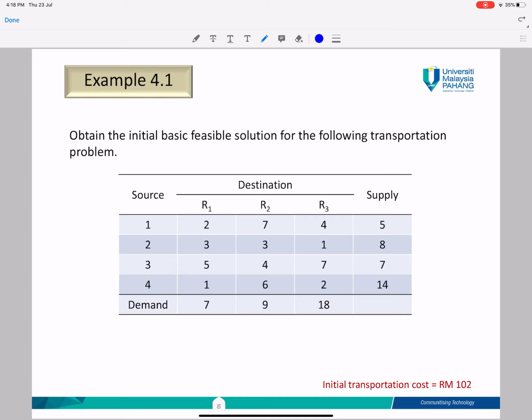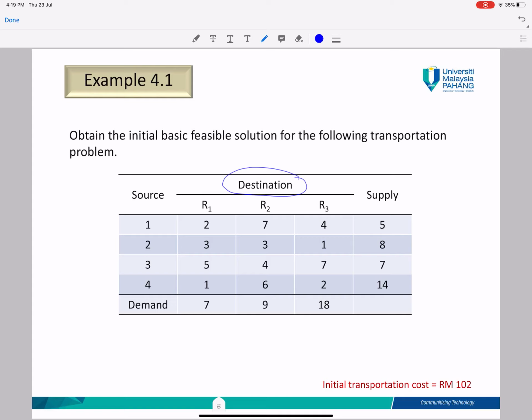And the information that you will have in the table are the destinations where the goods will be sent to. In this case, we have 3 different destinations, which are R1, R2, and R3.